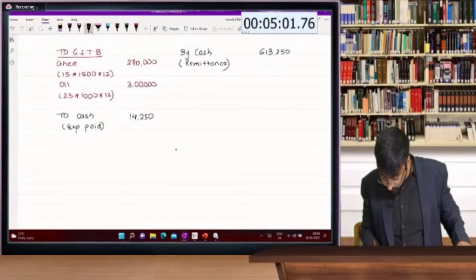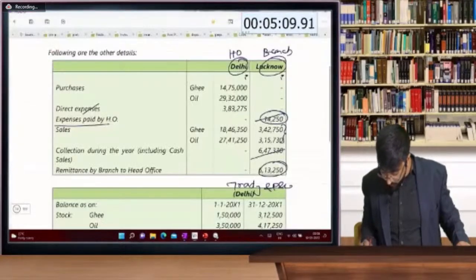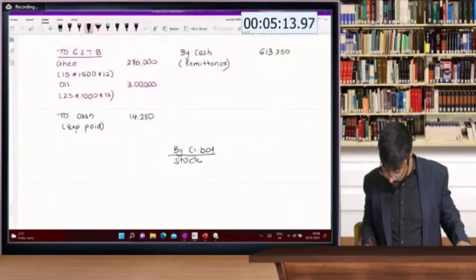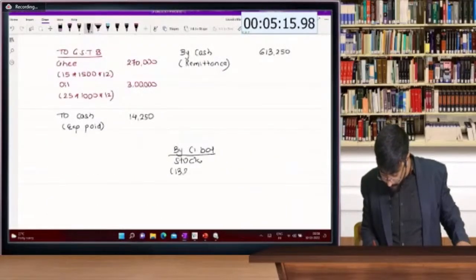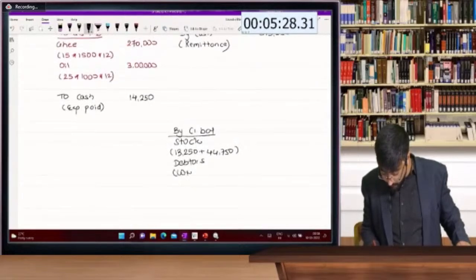Then by closing balances, stock 13,250 plus 44,750. Debtors, working note 1.